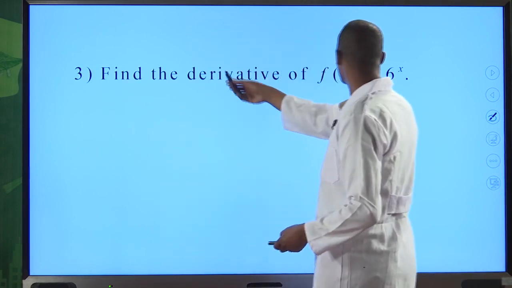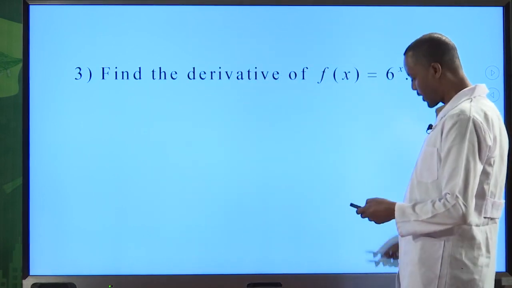Thirdly, this problem says find the derivative of f of x is equal to 6 to the power x.